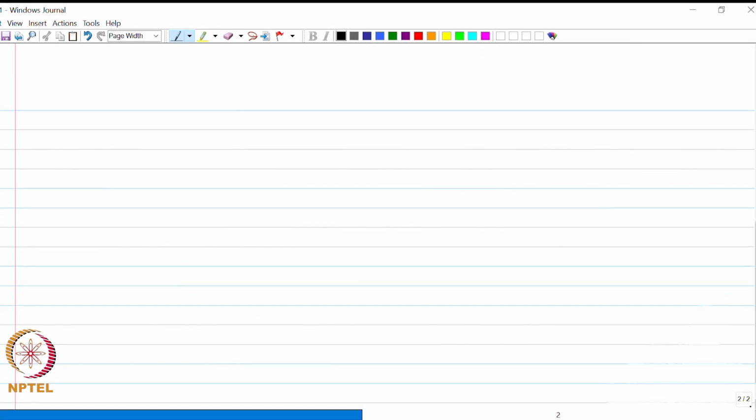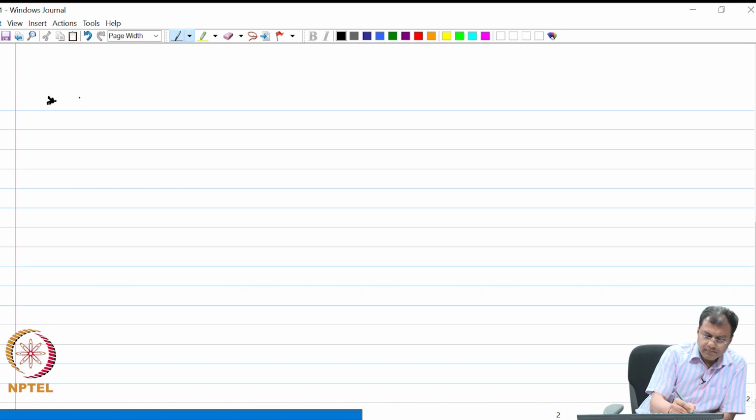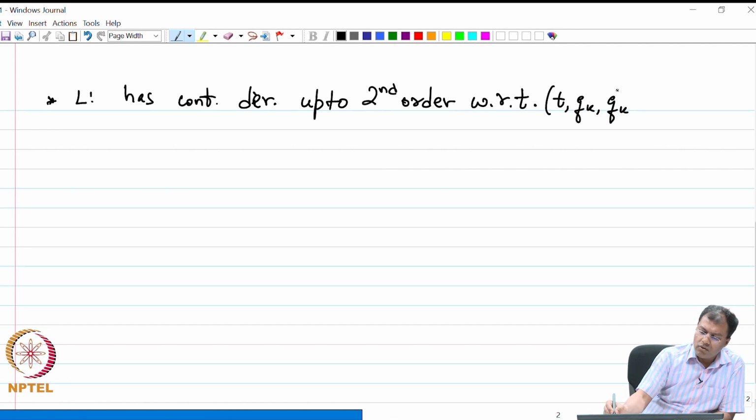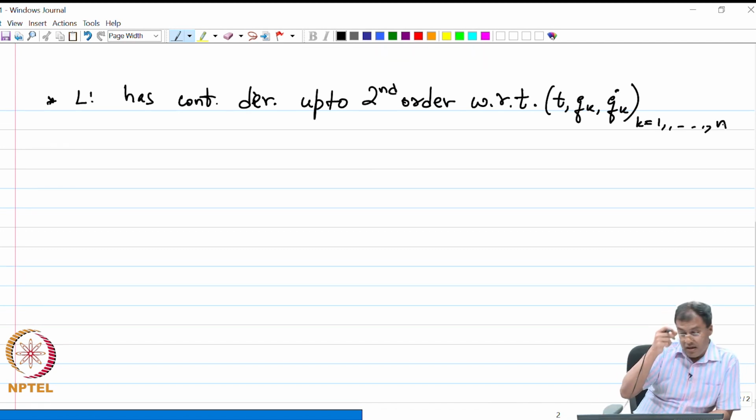So, what I am just saying is L has continuous derivatives up to second order with respect to t comma qk comma qk dot, right. And I have that k is from 1 to n, right.